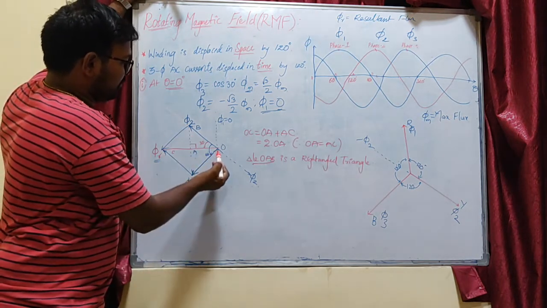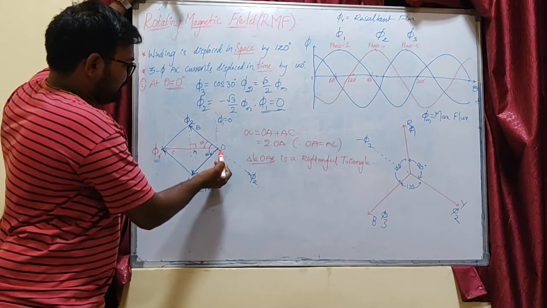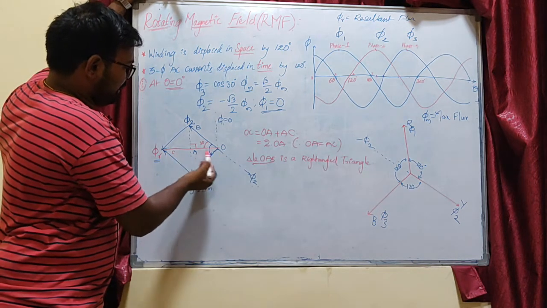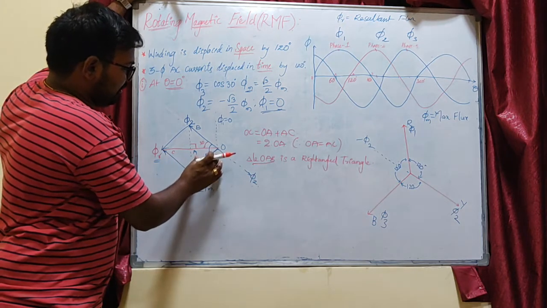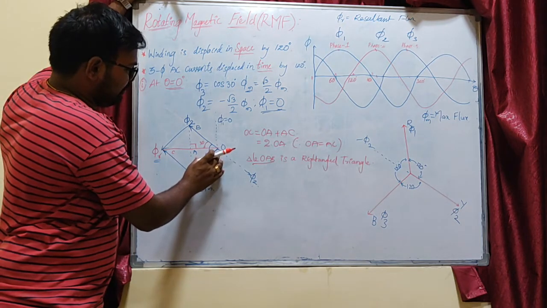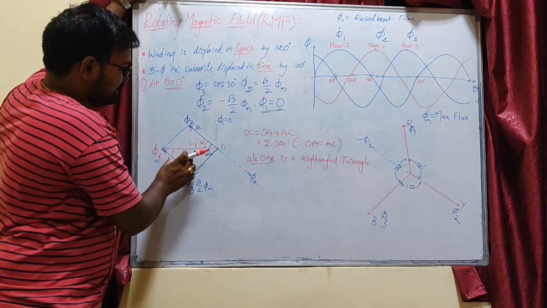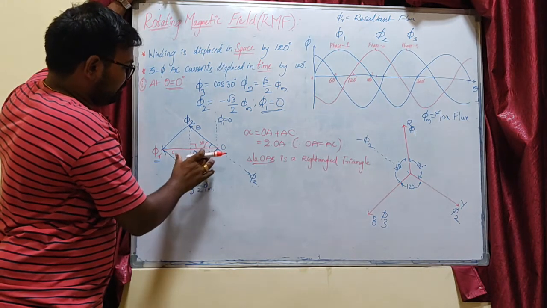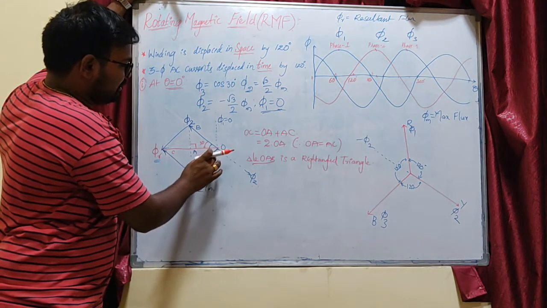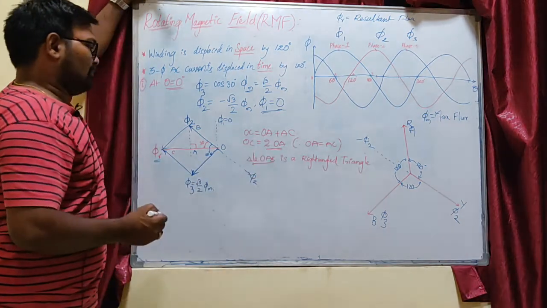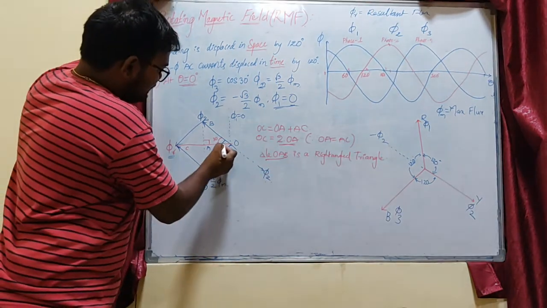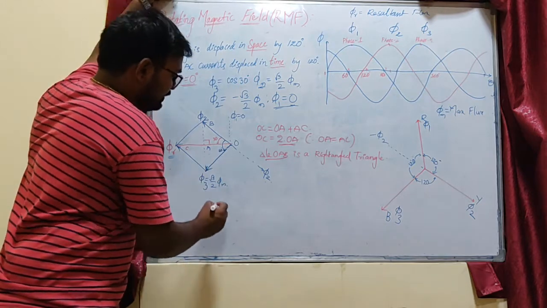You can see one more point, OAC, this is pi r, and OA equal to AC, that means the length of AO is equal to the length of AC. If I want to find OC, I can consider it as 2 times OA.